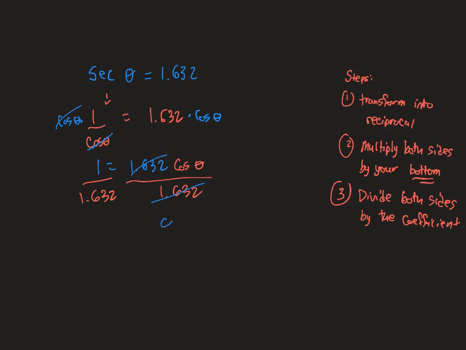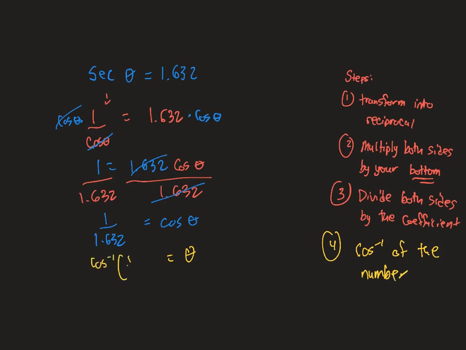And then finally you're going to have cosine of theta is equal to 1 over 1.632. And to get theta by itself, you finally in your last step take the cosine inverse, or whichever ratio you're using, of the numbers. So I'm going to take the cosine inverse of 1 over 1.632, which should give you approximately 52 degrees.